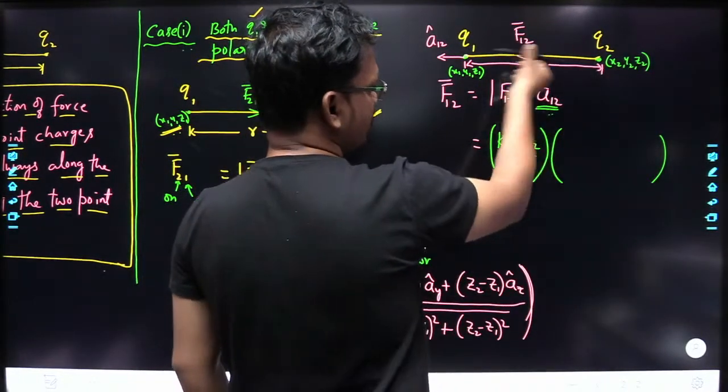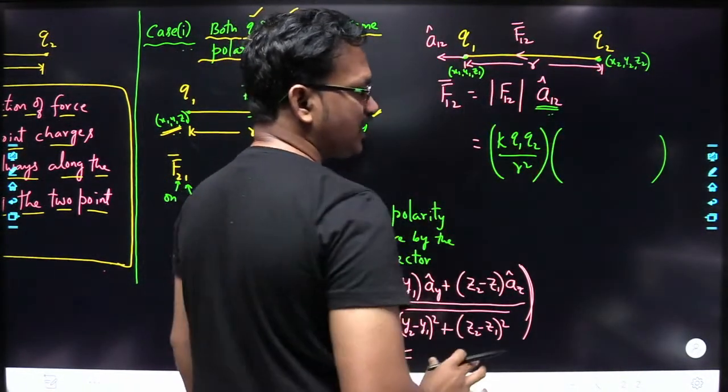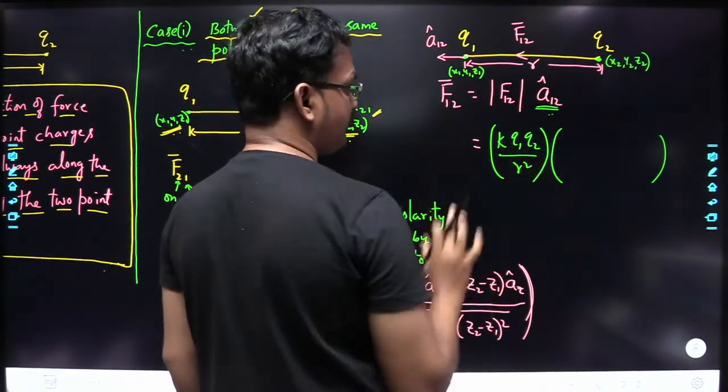So the vector is pointing in this direction. That means as you move from this point to this point, you have to represent the increment in x, increment in y, and increment in z. So that is going to give you the vector. Yes or no?